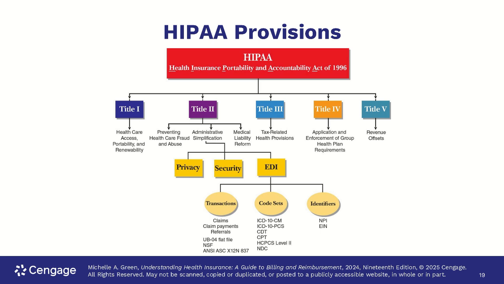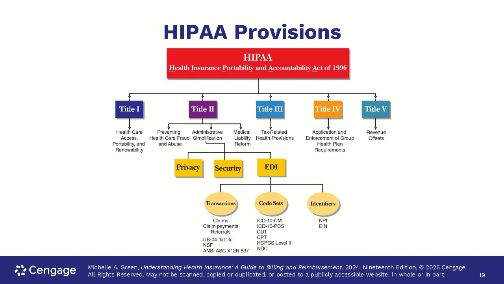So when you look at, for example, administrative simplification, that's when you see that the rules were refined for or established for privacy, security, as well as electronic data interchange.